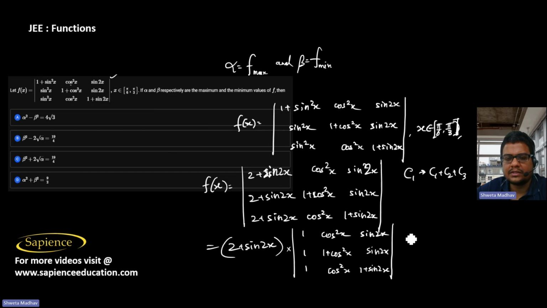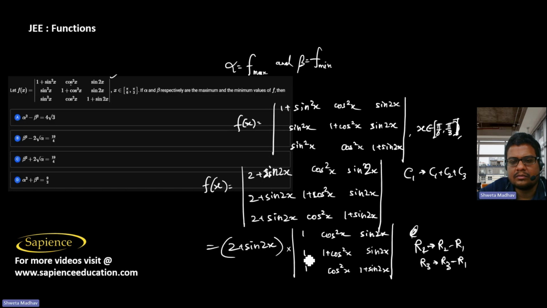Now what we can do is r2 goes to r2 minus r1, and r3 goes to r3 minus r1. Then this function f of x is equal to 2 plus sine 2x into the determinant of 1, cos square x, sine 2x.